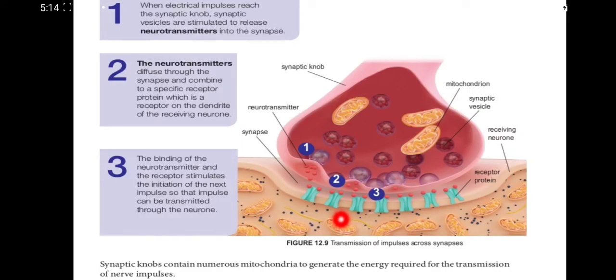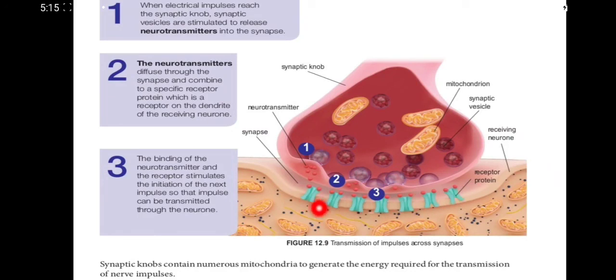So sebenarnya beginilah yang terjadi. Electrical impulse itu kena bertukar dulu dalam bentuk chemical, iaitu neurotransmitter. Bila neurotransmitter diffuse through the synapse, dia combine dengan specific receptor protein di sini. Kemudian the binding of the neurotransmitter dengan receptor protein di sini akan stimulate the initiation of the next impulse.